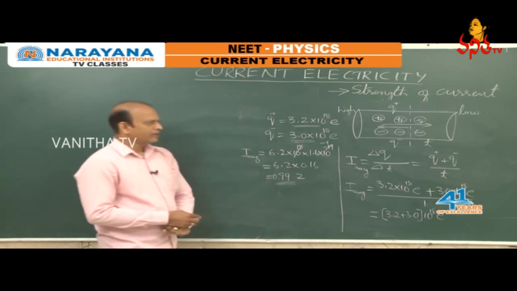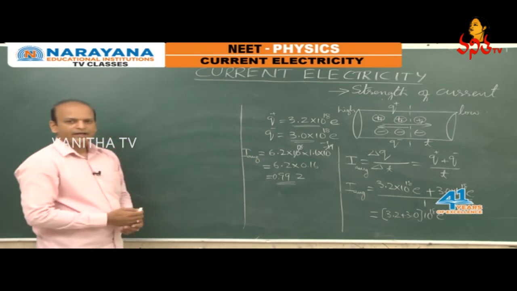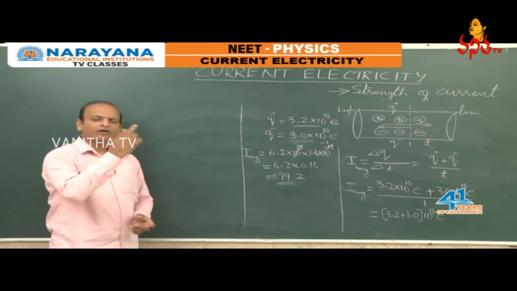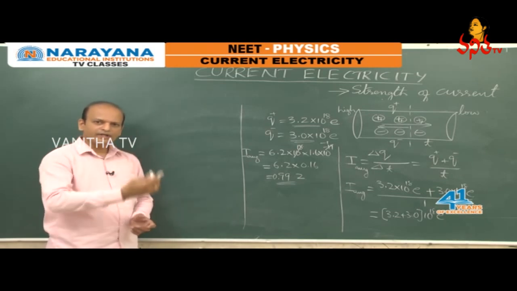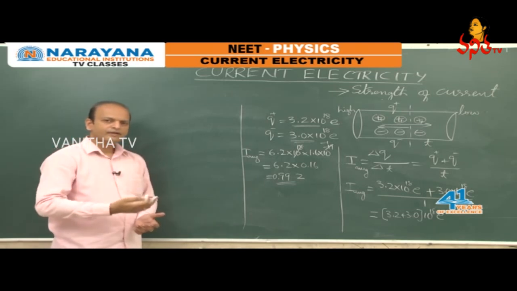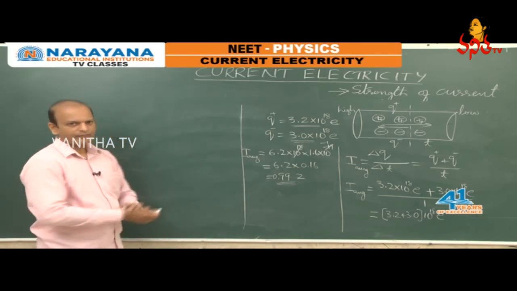Now coming to another one, let us see the current developing due to the electron revolution around the nucleus. If an electron is revolving around a nucleus, what is the amount of current it will develop?